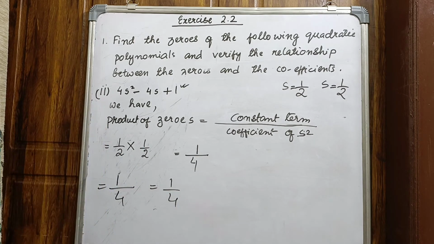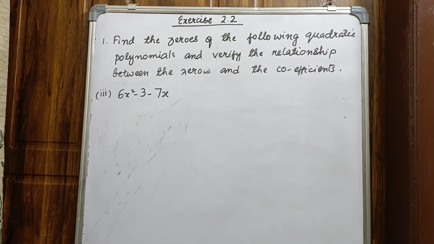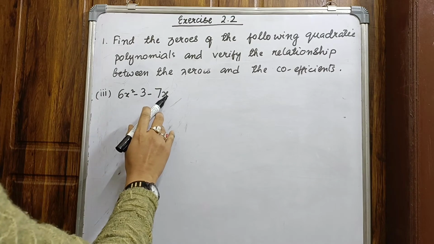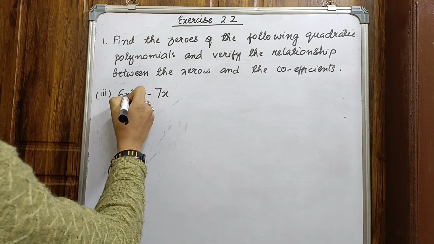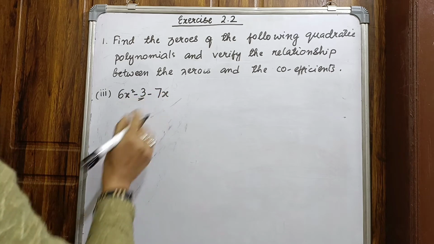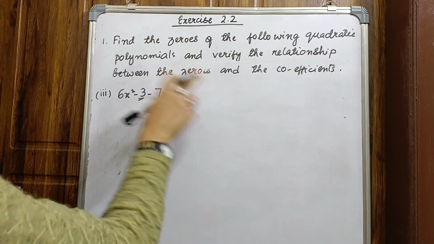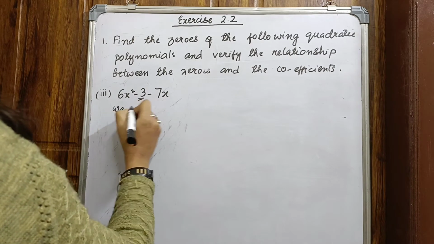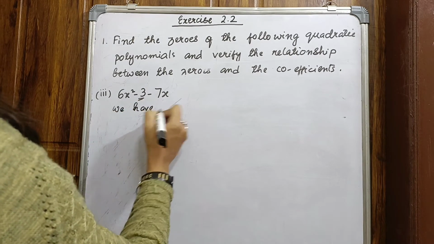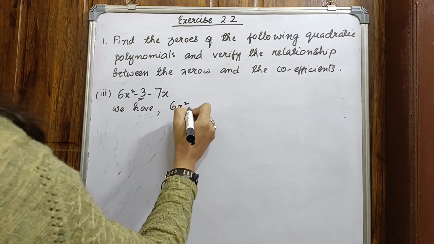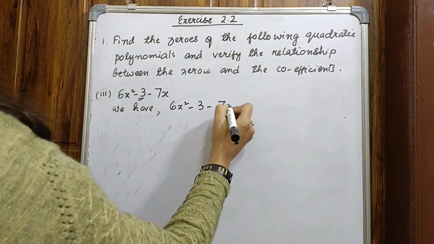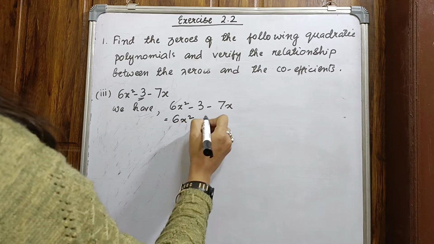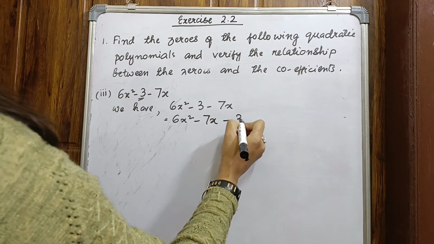Let's do question number 3. Number 3 is 6x square minus 3 minus 7x. So here see x square, x, and this is the constant term. So we will keep the constant term at the last. We can write 6x square minus 3 minus 7x as 6x square minus 7x minus 3.